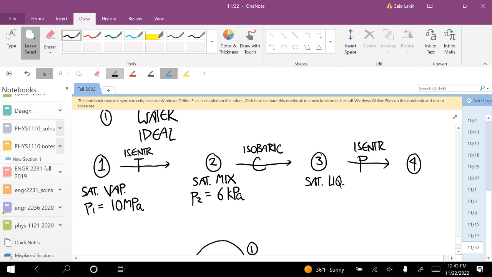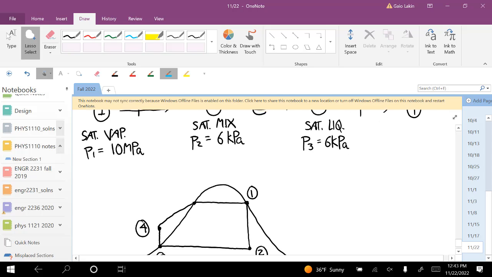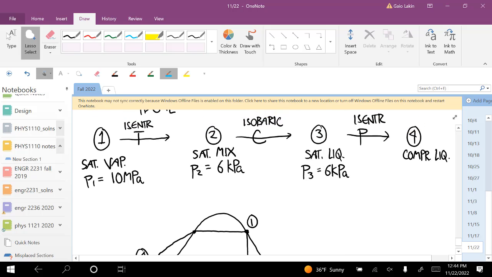And the pressure is the same as it was at state 2. So P3 is 6 kilopascals. And then state 4, it's a compressed liquid. We know that the pressure is the same as at state 1 because the pressure is constant through the boiler. So P4 is 10 megapascals.